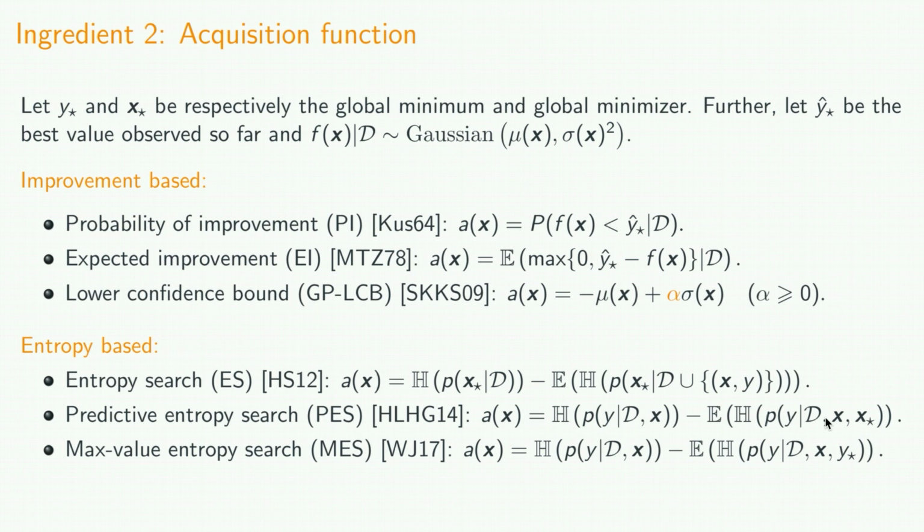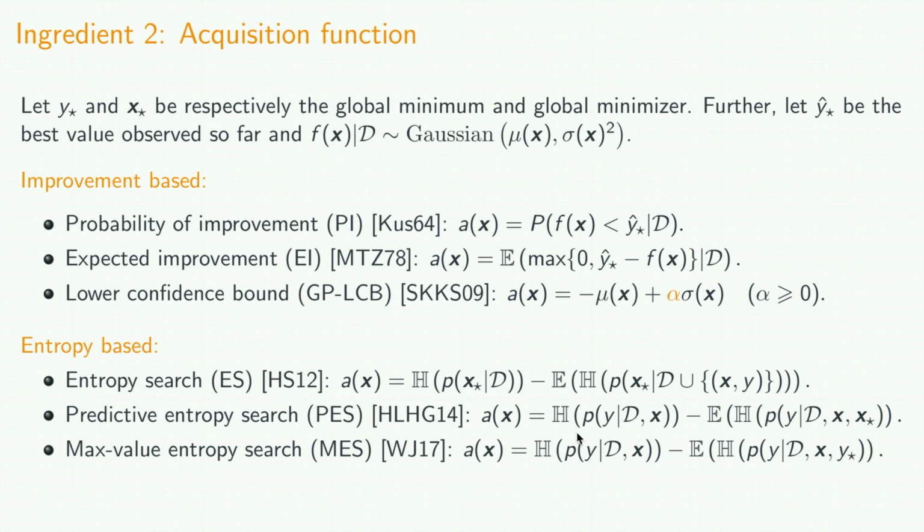And then recently, it was proposed to look at max value entropy search, where we look at the actual output variables: the mutual information between a new observation and the actual minimum of the function, while here we're looking at the mutual information between y and the input configuration. So here this expectation is taken with respect to the input space x, which is higher dimension, while here the expectation is taken with respect to one dimension, the output space.